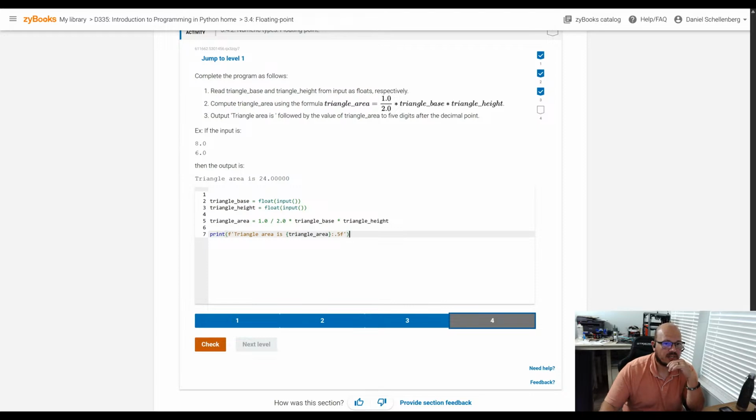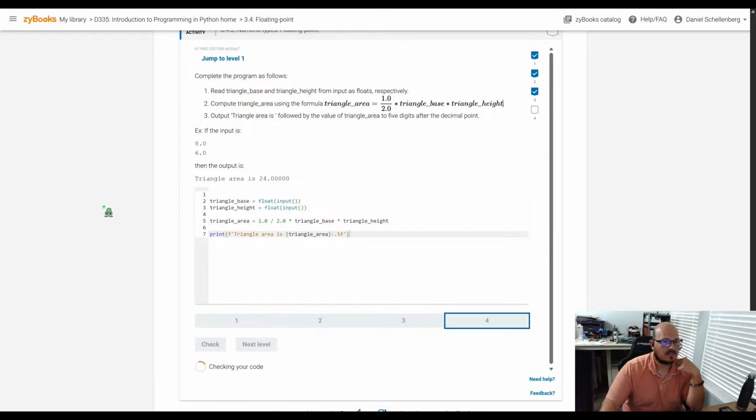So let's double check it. We created the variables triangle base and triangle height to read a float number coming in. And then we did the calculation that it's saying we need to do here. So triangle area, and then we're outputting it with 5 digits after the decimal point. So let's check it.